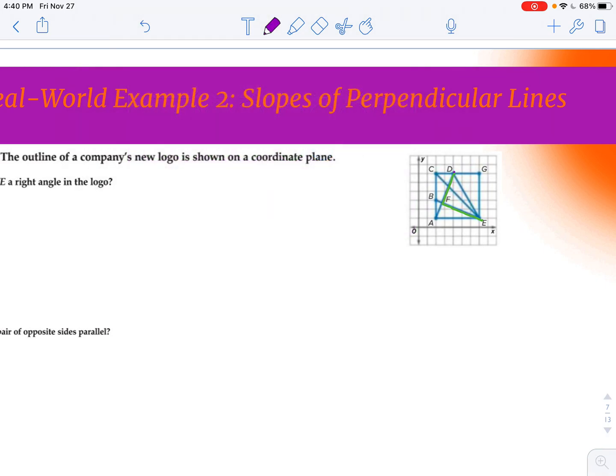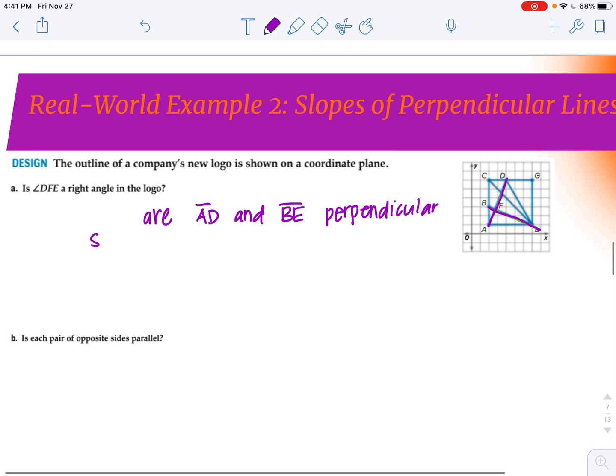So we want to try to find the slope of this line. So AD and BE, I'm going to say AD and BE perpendicular. So step 1, find slope.